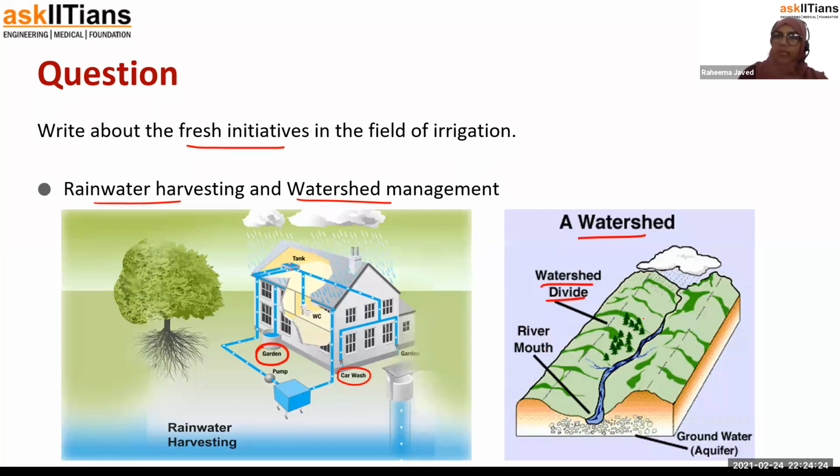On the other side also, the watershed divide is there, and all the water that is falling on this watershed divide will fall into the river, this common point, and this common point of water source is then draining into the river mouth.